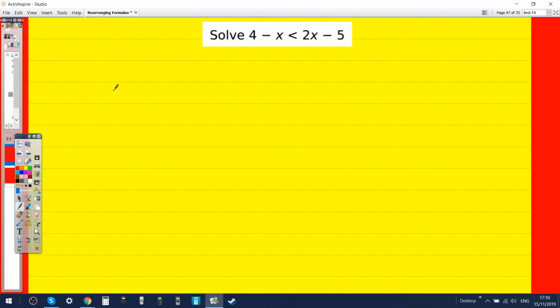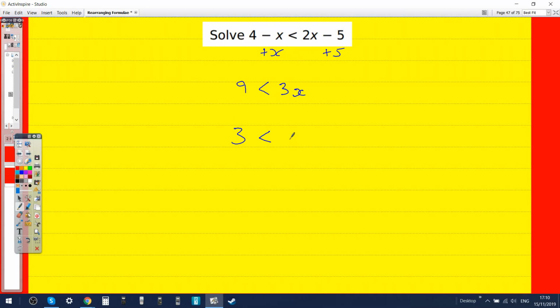Plus x on both sides, and plus 5 on both sides. So 9 equals 3x. So, sorry, it doesn't equal. 9 is less than 3x. And so 9 divided by 3 on both sides.